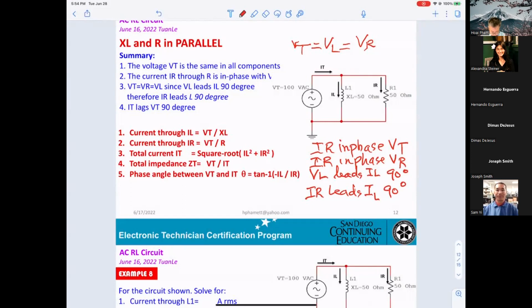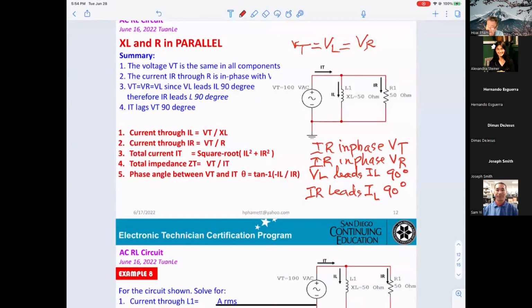And for the relation between total current and total voltage, they said I total lags VT by 90 degrees, or VT leads IT by 90 degrees.